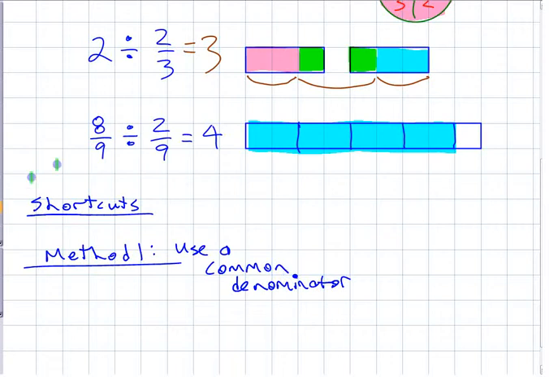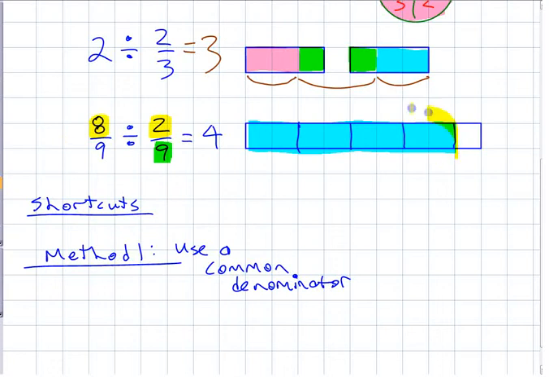Do you notice that for this question up here, these had the same denominator? If you want to know how many 2/9 fit into 8/9, isn't that just the same as saying how many 2's fit into 8?